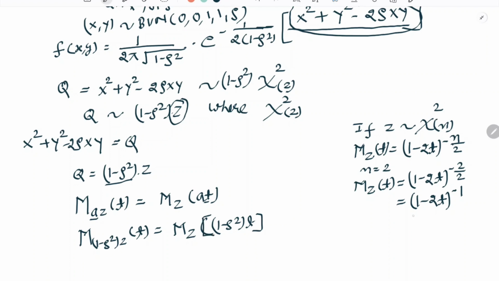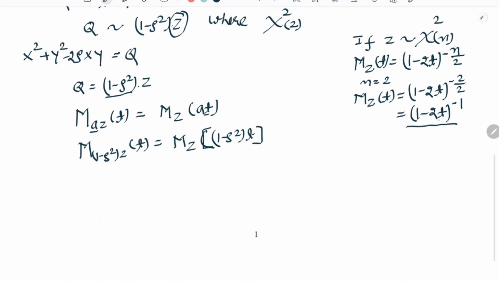Here is the moment generating function of Z. So in the place of t, we have to multiply t by 1 minus rho square. 1 minus 2, then in the place of t, we have to write 1 minus rho square into t. And this minus power will remain the same.